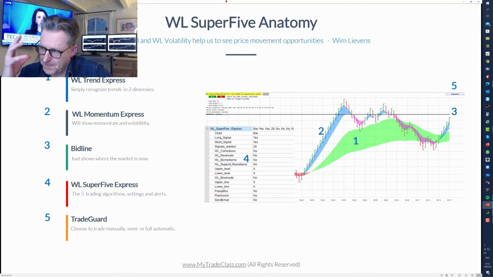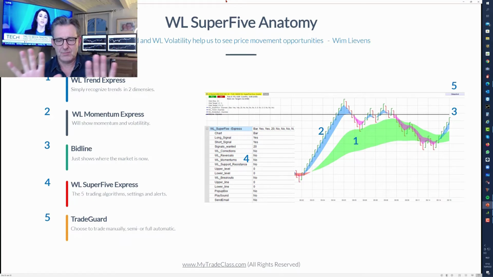I just want to explain to you what they are. What I've done with the WL trend is I've programmed 2 correlated time frames, one on another, to make sure that there is no mistake about which direction the trend is going.